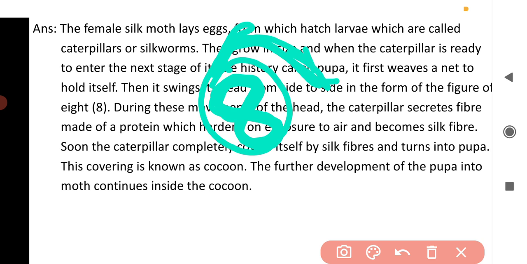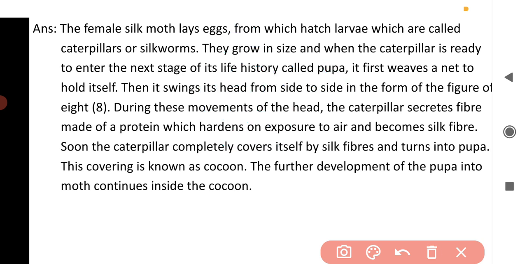The silkworm secretes silk in liquid form through the tiny opening in its head, which then solidifies on exposure to air. It will come out from its head, then it will become solidified, it will become hard.